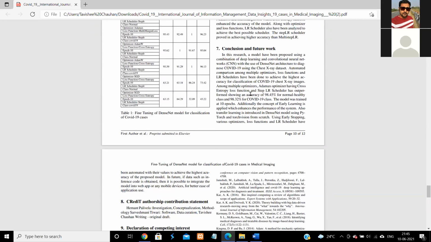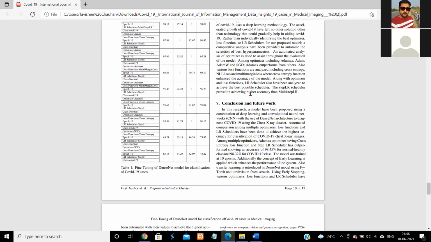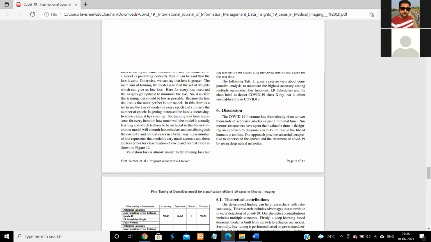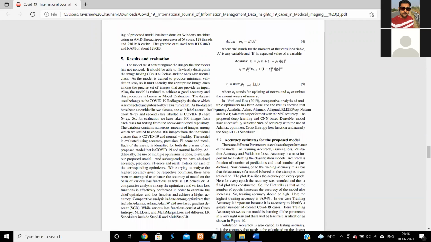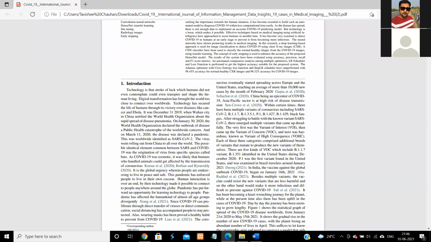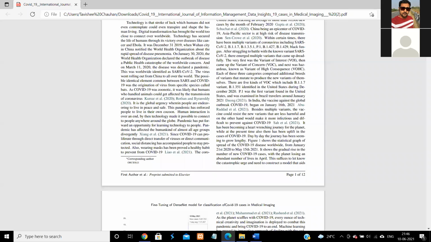So that's it. To recap again, we had an abstract. Then we went to the introduction part where we went through the spread of the pandemic and COVID-19, how other diseases were spread, how COVID-19 was initially detected, then the propagation of COVID-19 and the image processing techniques.